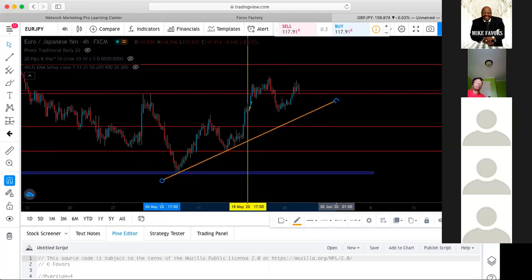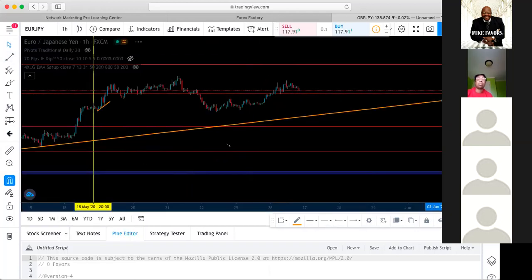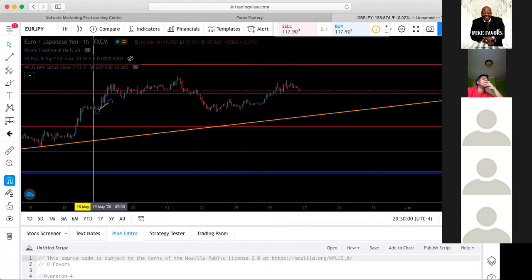Okay. Now, what else can you do? You can also, as I said earlier, go down to that 1 hour chart, but on this one, you can actually still see the major trend line on the 1 hour, so you're still good there. But if you didn't, 30. Okay.